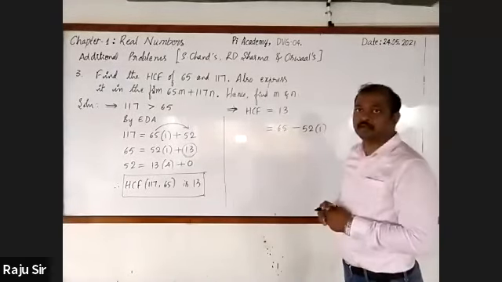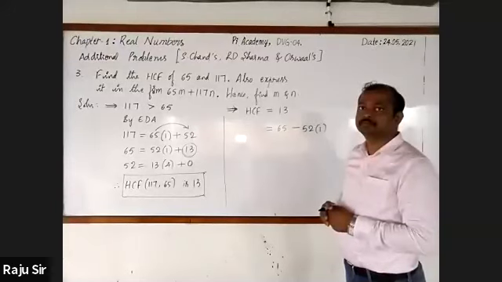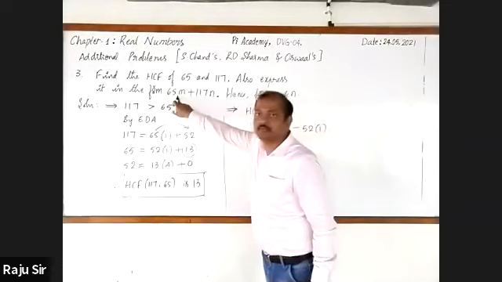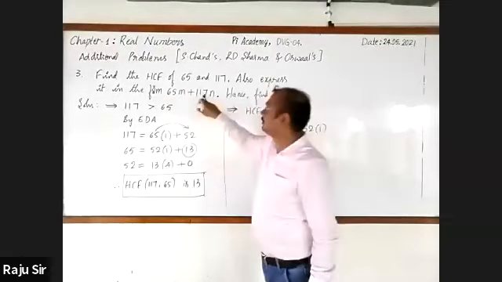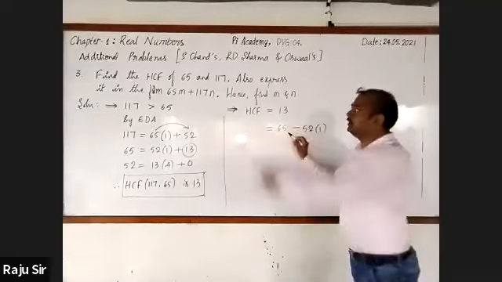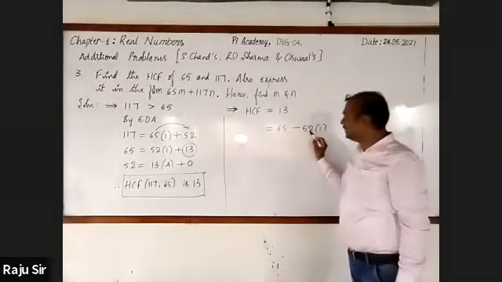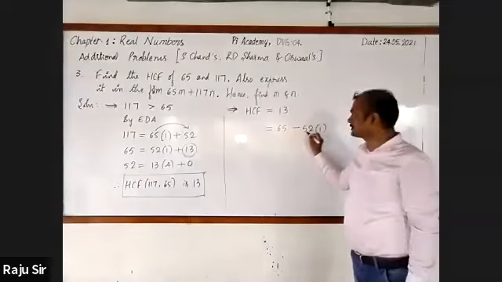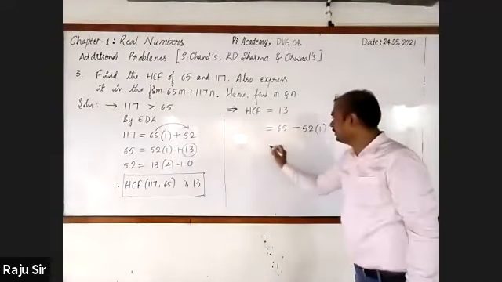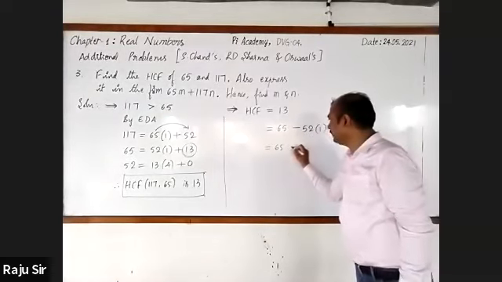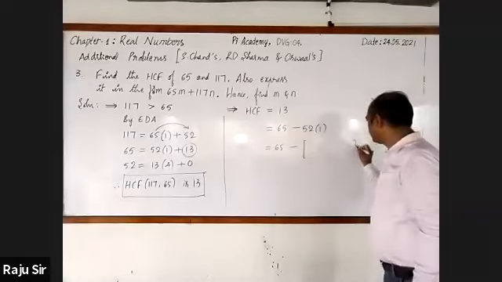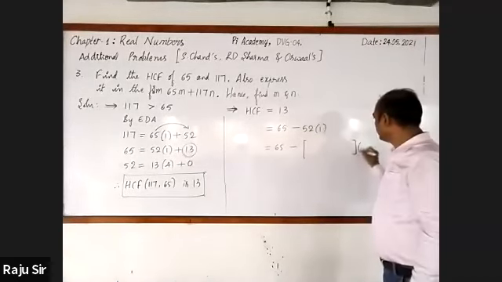Please write with me. Now look at it. It should be expressed in the form 65m plus 117n. We have got 65. We need 117. Hence, we need to take a substitution for 52. Here, I'll write 65 as it is. As I said, we need to take a substitution for 52. Into 1 is there, I'll write it.